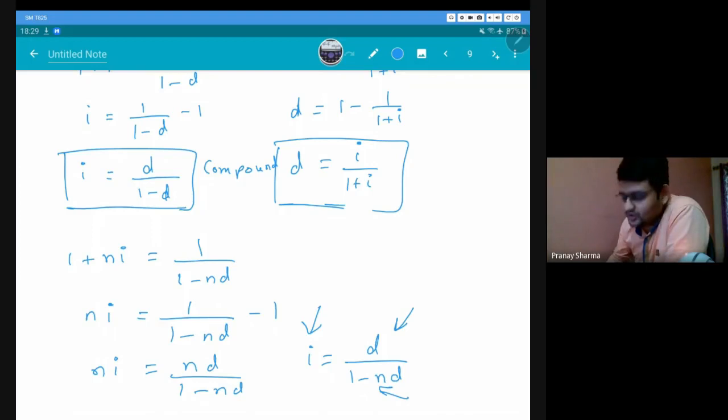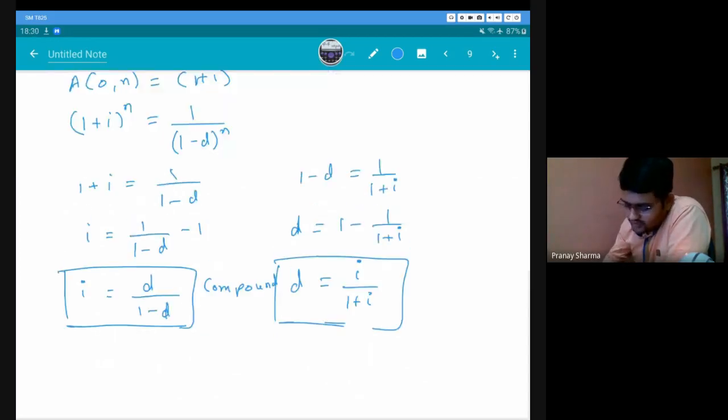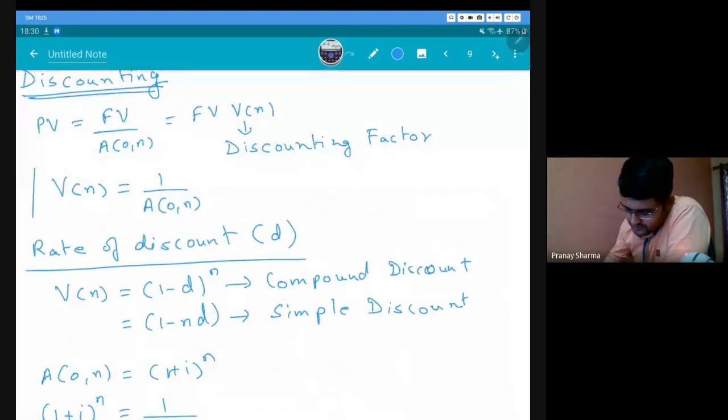So that is why we do not use conversion from i to d, d to i as a formula for simple rate of interest. We will not be making a formula. If we want to convert, we will be using the accumulation factor and discounting factor.